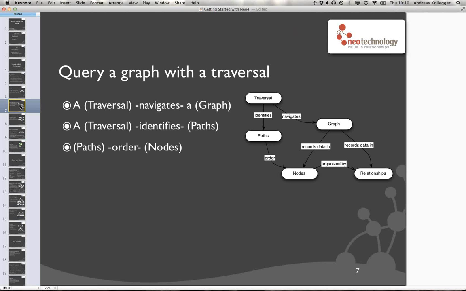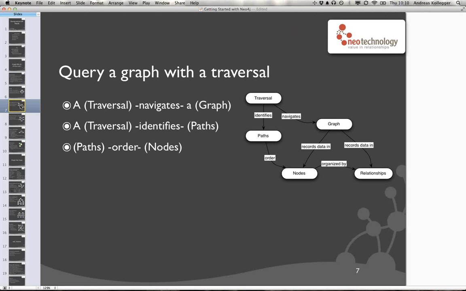And a traversal is exactly what you might think it would be from the term. A traversal is a way of traversing through the graph, starting at one node and then finding your way along paths to other nodes. So you're navigating your way through the graph. That's what I explained in the first sentence: a traversal navigates a graph.